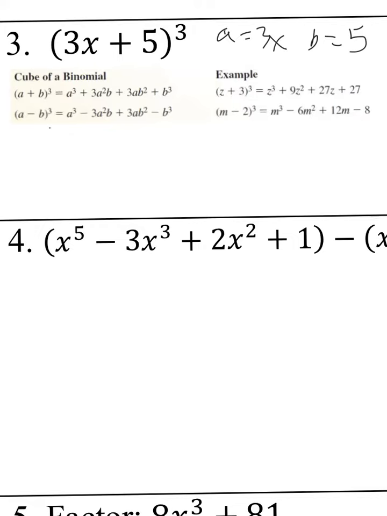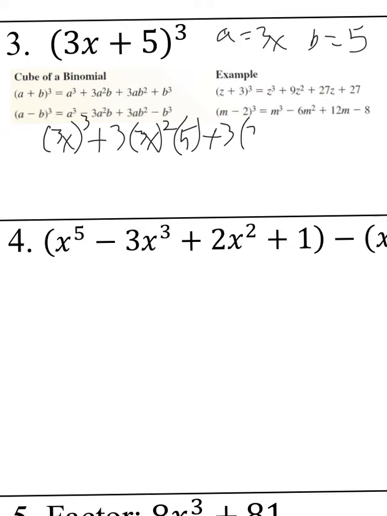So I'm going to say if a is more than one term, which it's 3 and x combined, so it's going to be in parentheses, 3x to the third plus 3 times a squared, so 3x squared times b, which is 5, plus 3ab, so that's 3 times 3x times 5, and it says 3ab squared, so 5 is squared.